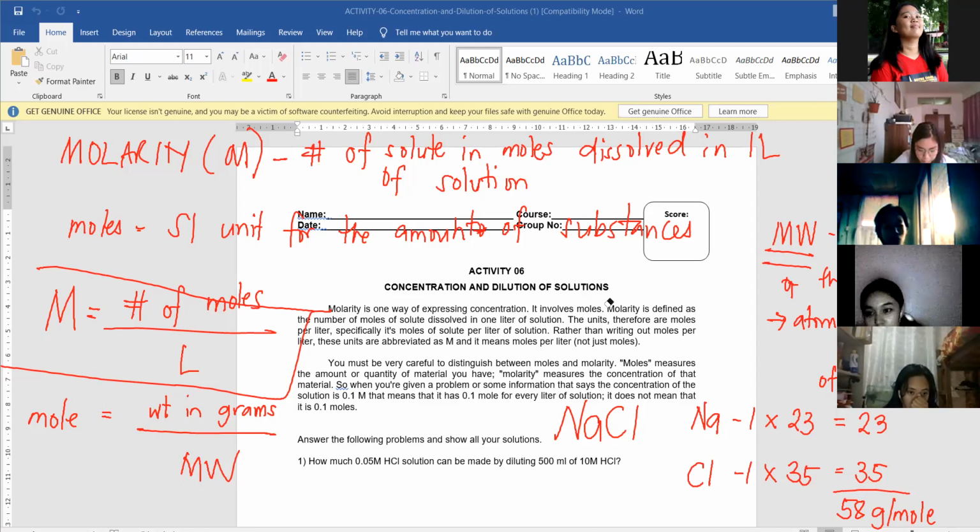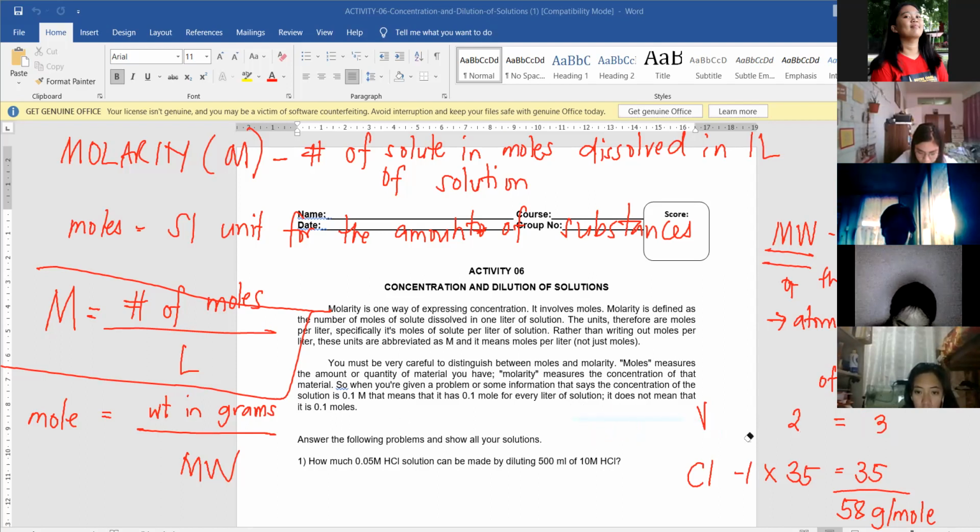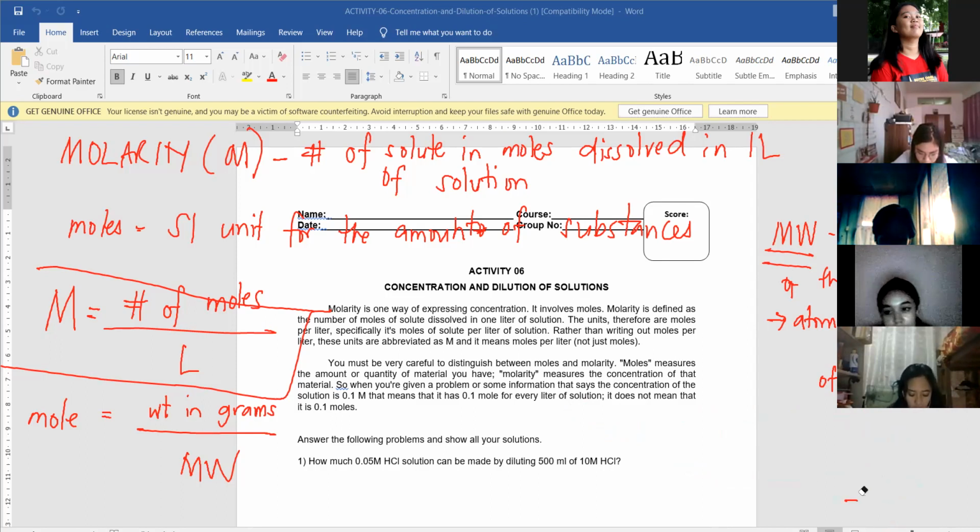Let us have another example for the molecular weight. Molecular weight na lang muna. Tapos we will try to compute for the number of moles later and also, syempre, the molarity. So to give you another example sa pag-compute ng ating molecular weight, let me delete this first so that I can have space for writing on the screen.